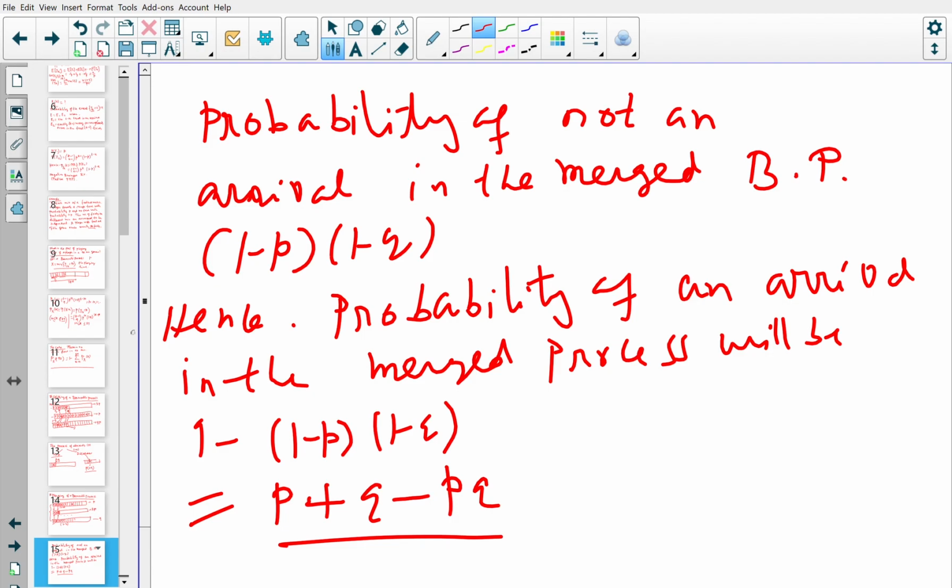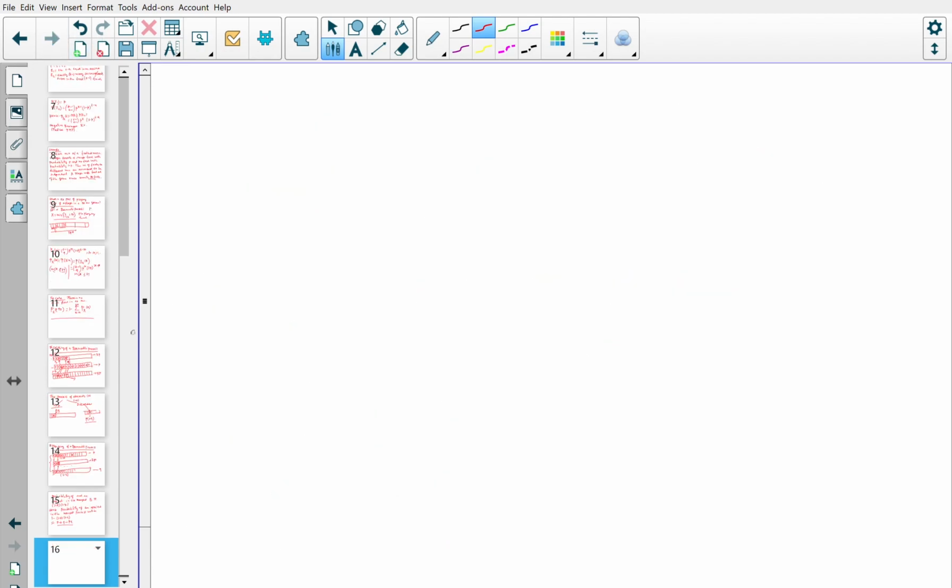So these are some of the properties of the Bernoulli process, and now you can also approximate this process. Whatever we learned already, it is called Poisson approximation, you remember. So just let me recall it.